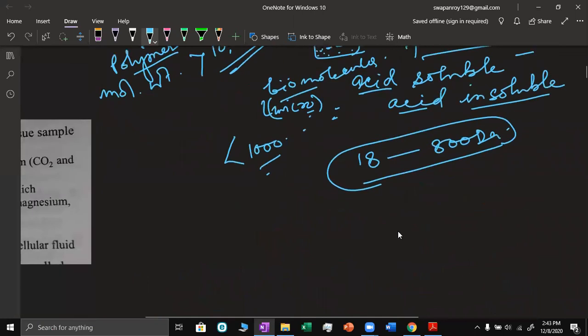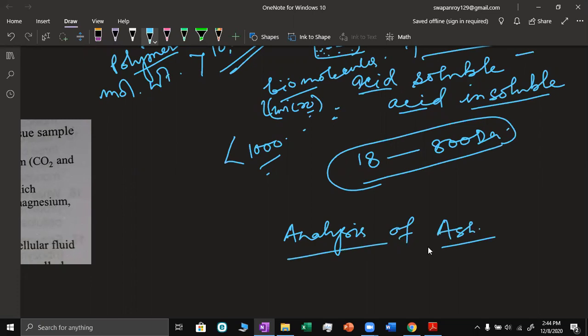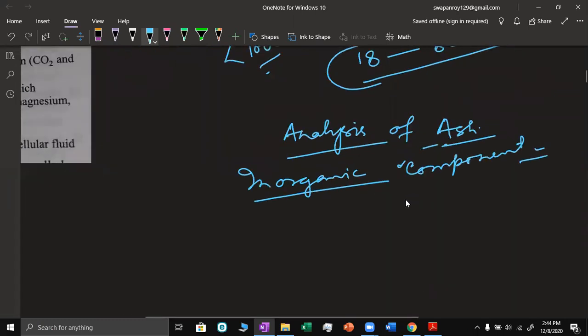The other method is ash analysis. Ash analysis is used for the inorganic components, particularly the elemental analysis.